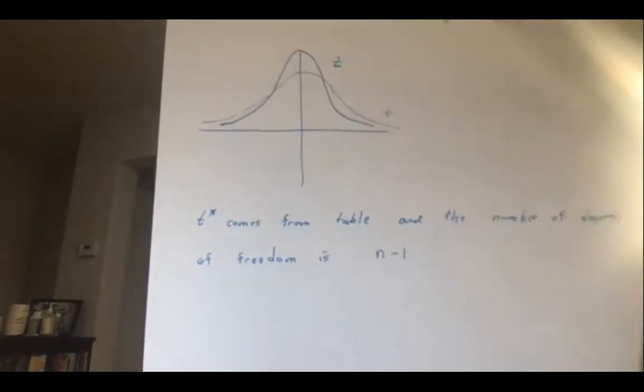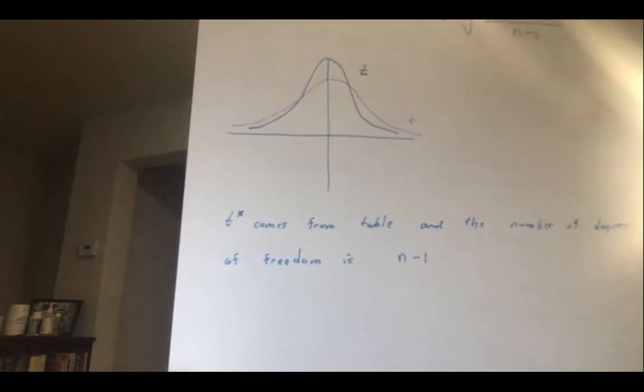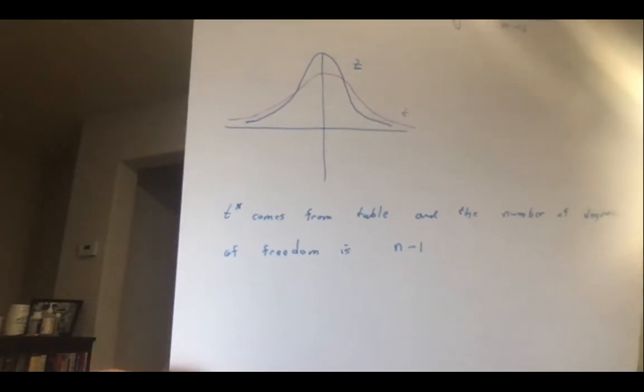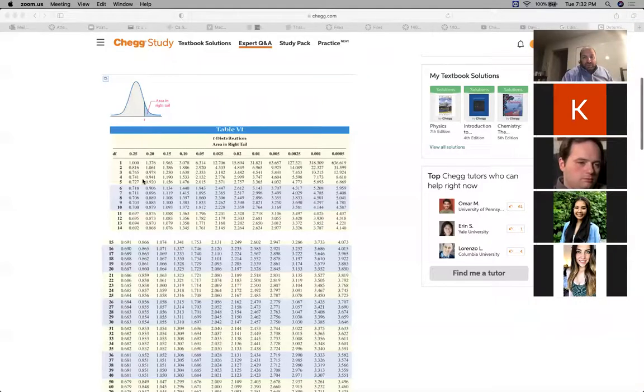If I have 18 in my sample, what's my degree of freedom? 17. 17. So what I would do is I would go back to my thing here and I would look at 17 and I would go, okay, if I want a 95% confidence interval for an 18 sample size, my T star would be 2.110.